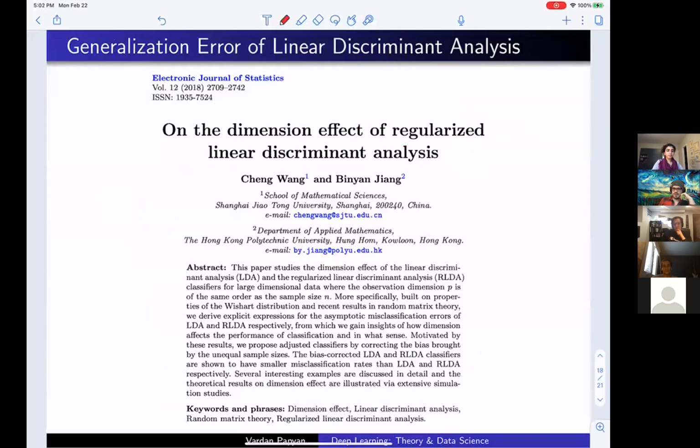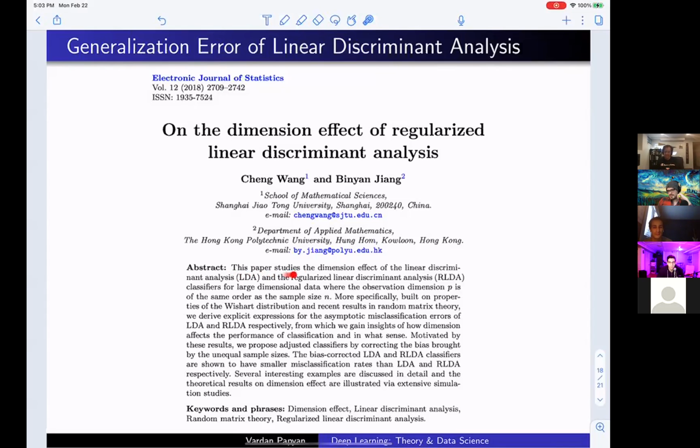Now, let me show you an example of what I would consider an interesting paper, which is very recent, surprisingly, 2018, on the topic of linear discriminant analysis. Let's just read the abstract so we see what they're trying to do. This is just a taste of how linear discriminant analysis appears in the wild. What do people do in the context of linear discriminant analysis?